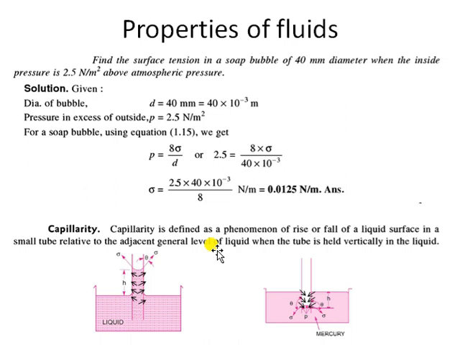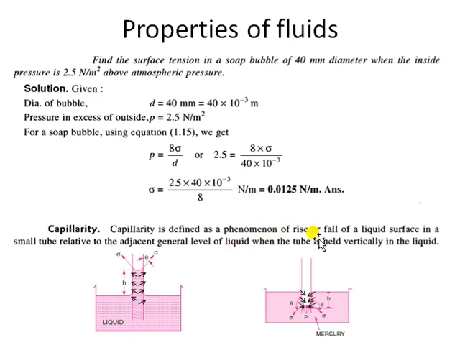So these are natural phenomena in which we see capillarity action. How can we define capillarity? It is a phenomenon through which the liquid may rise, or sometimes fall also.